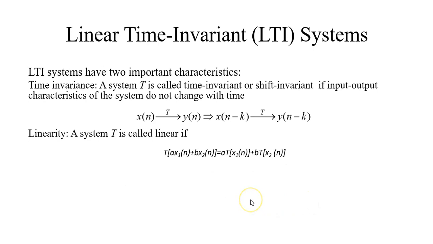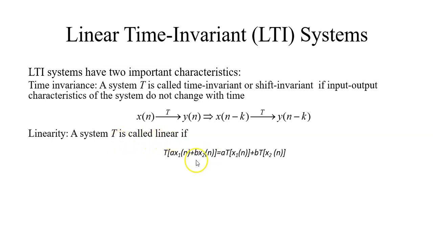A linear time invariant system means it has the properties at the same time. So we have a system that is linear and time invariant, and maybe there are other properties, but linear time invariant systems have two important characteristics. First, time invariance, which we explained before, and linearity.